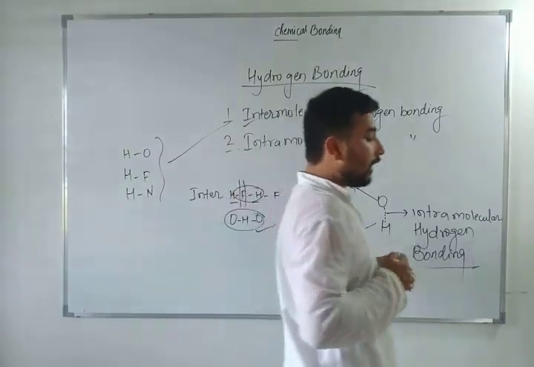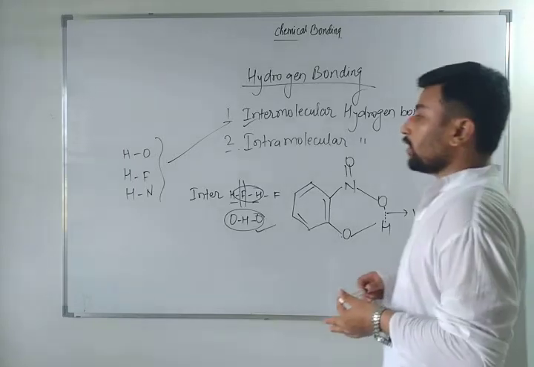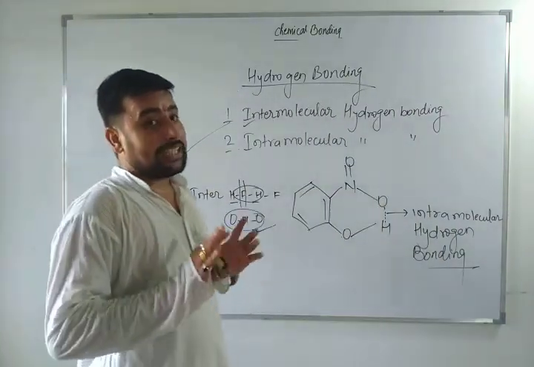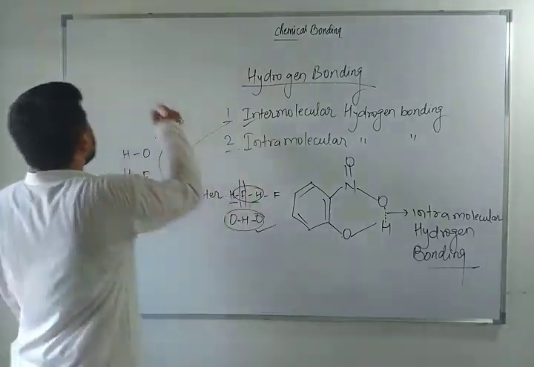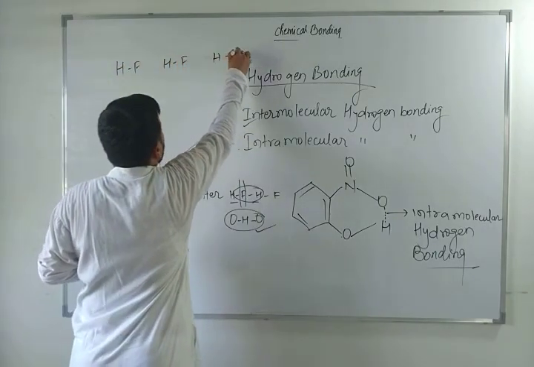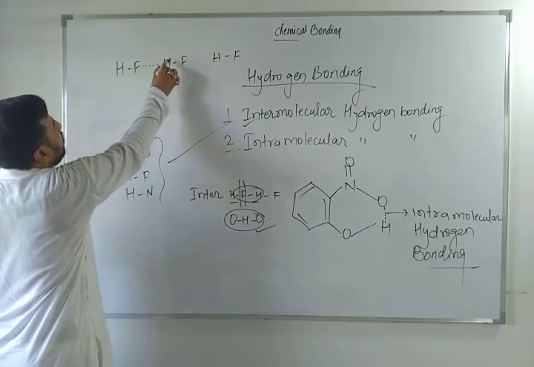So remember, intermolecular hydrogen bonding is formed between two different molecules of the same or different compound. Remember this: of the same or different compound. Whenever I discuss hydrogen bonding, you must remember these two types. As I have said, in HF the hydrogen bond is formed between fluorine and hydrogen.